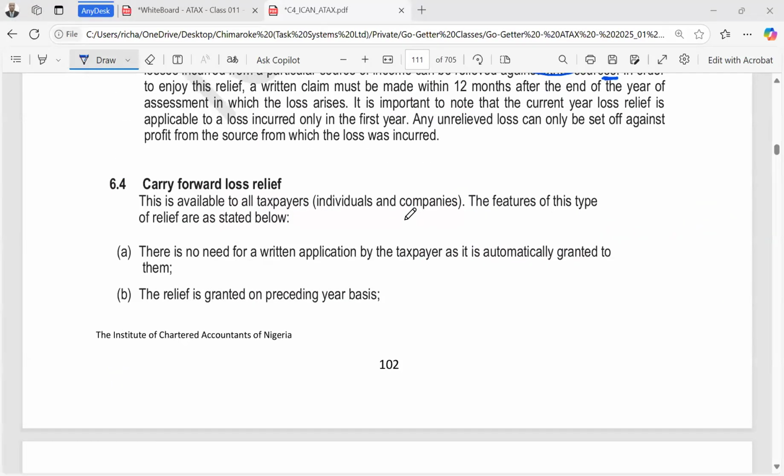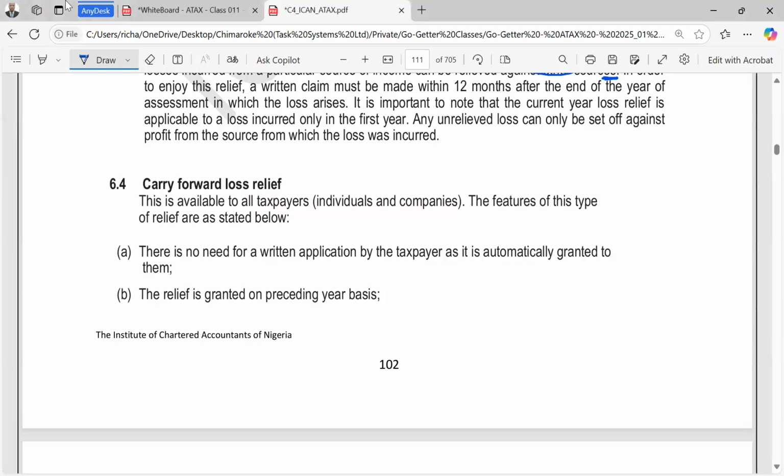Now let's go to carry forward loss. Carry forward loss relief is available to all taxpayers, individuals and companies. Now remember when we were doing current year losses, let me bring it back to that example.